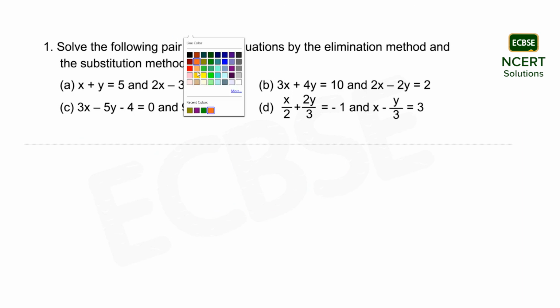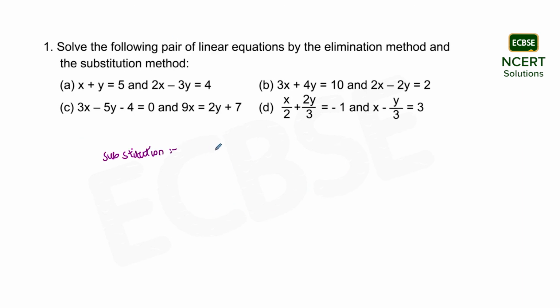Now the substitution method, writing the first equation, that is 3x plus 4y is equal to 10, right? And the second equation is 2x minus 2y is equal to 2. So now how can we find it? We will take 2 common.